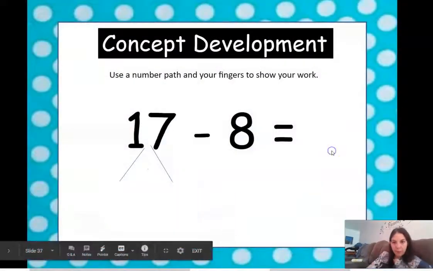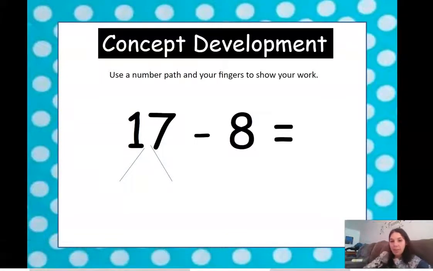Let's go back. We're getting toward the end. 17 minus 8. So again, we could punch it out. We could say 8, 9, 10, 11, 12, 13, 14, 15, 16, 17.